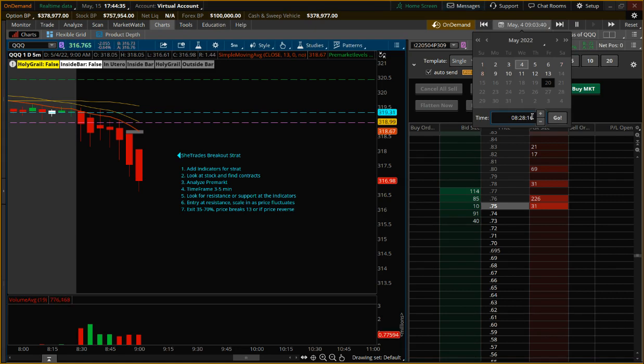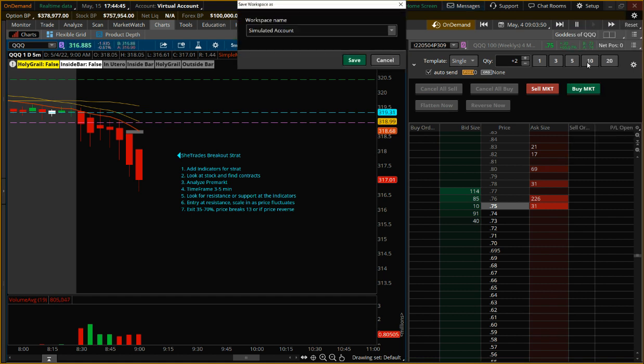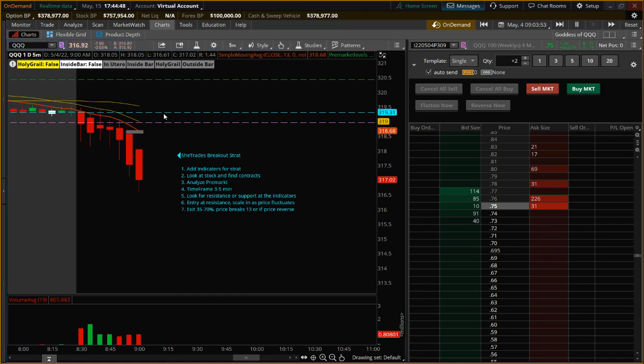Because if you don't hit enter, it doesn't always change the time frame for you. And then hit the go button. And that's how you use this. And then you can just save it as your virtual workspace. So whenever you want to practice, you have your workspace already set up for simulated trading.